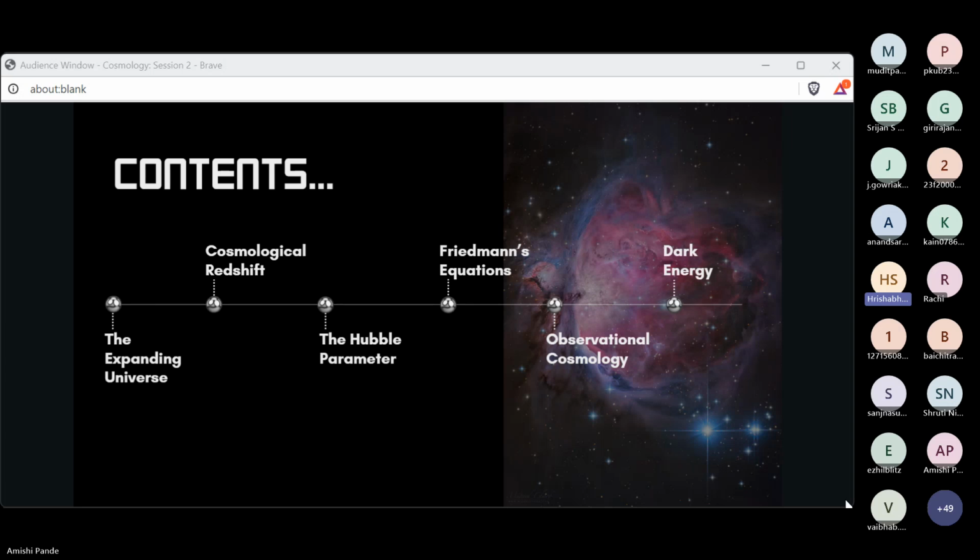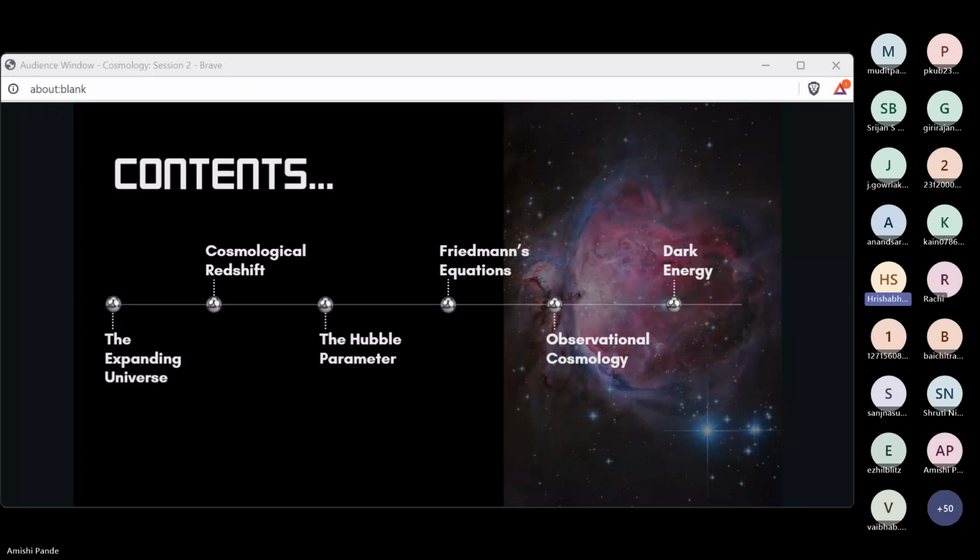A little bit of detail about the contents that we are going to cover in this session. We'll start with the expanding universe. We'll try to understand what is meant by an expanding universe. That is also the name of our session. And further, we'll try to understand something called the cosmological redshift.